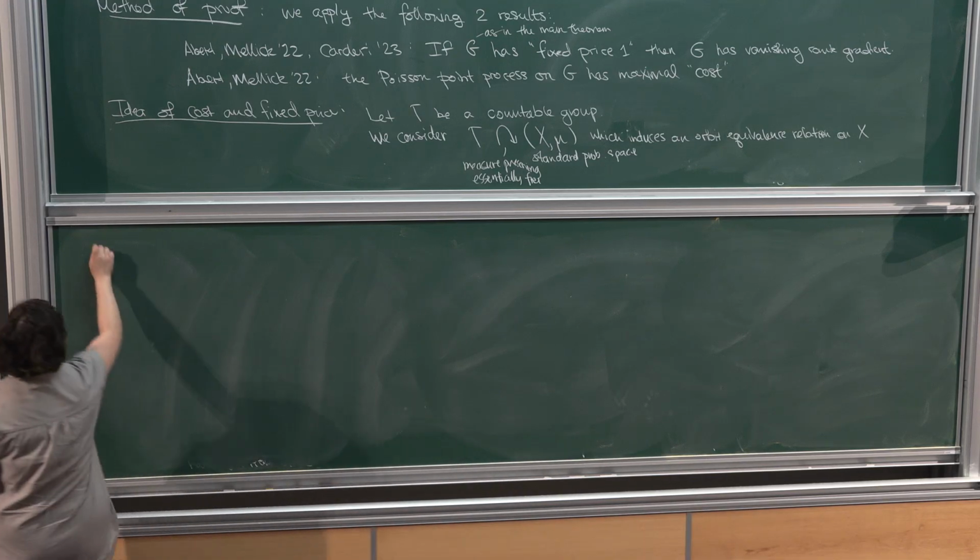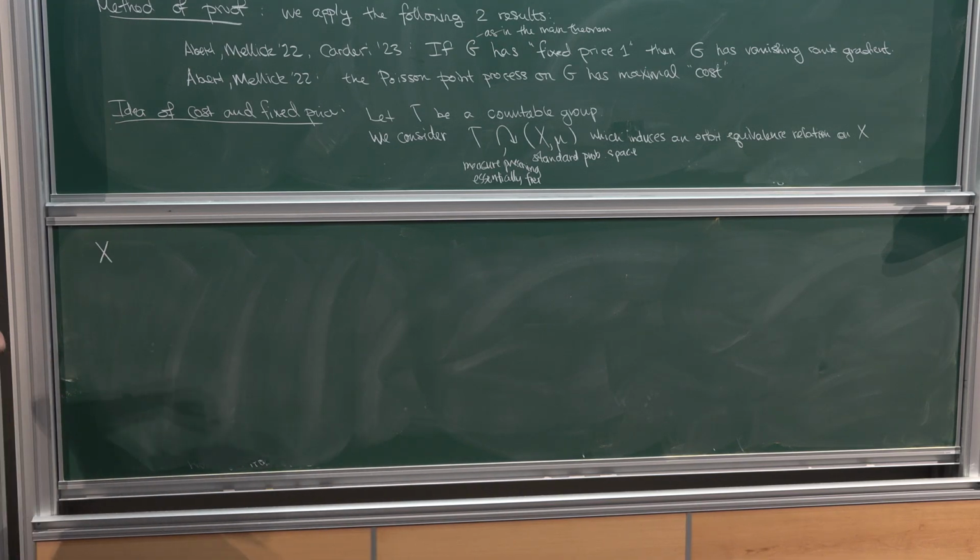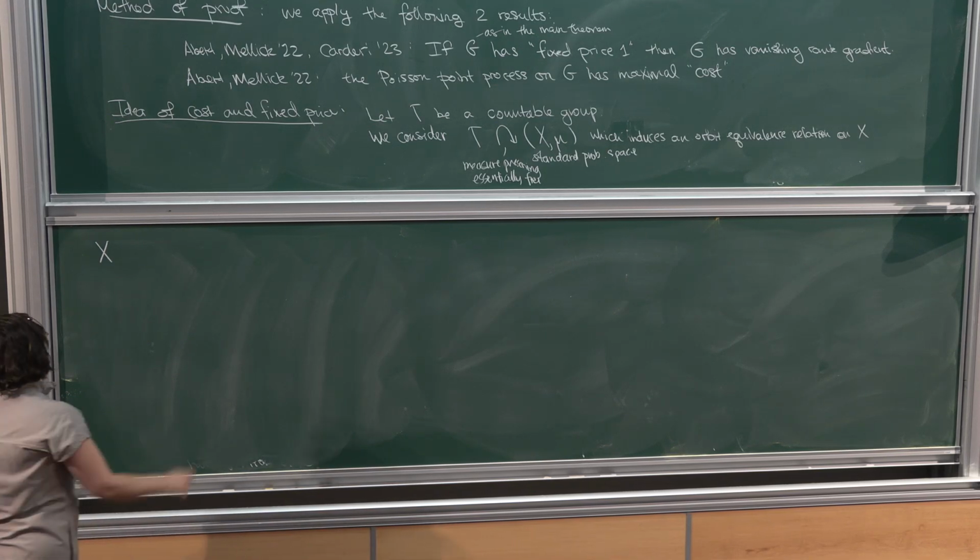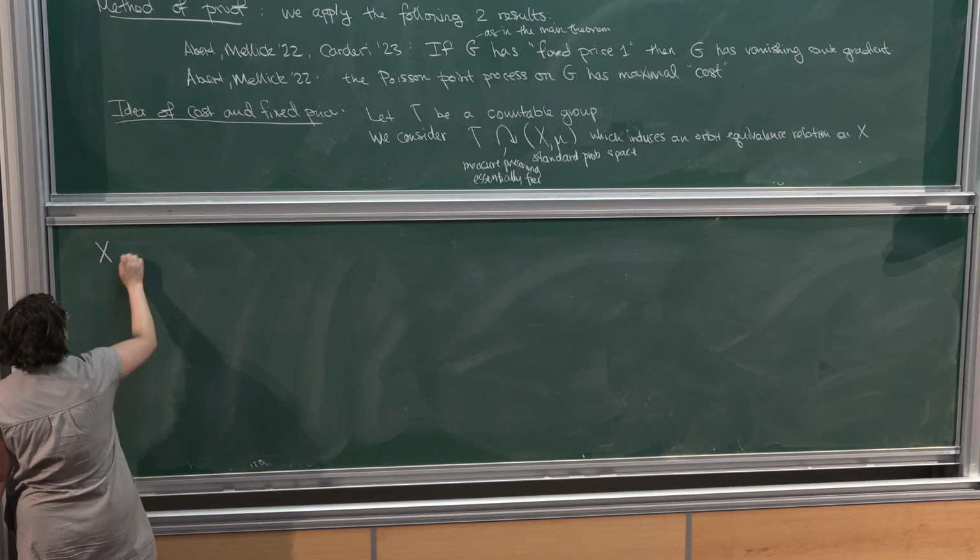All right, so now we're back to, well, okay. X can once again be a symmetric space. In general, it can be a locally compact second countable space.